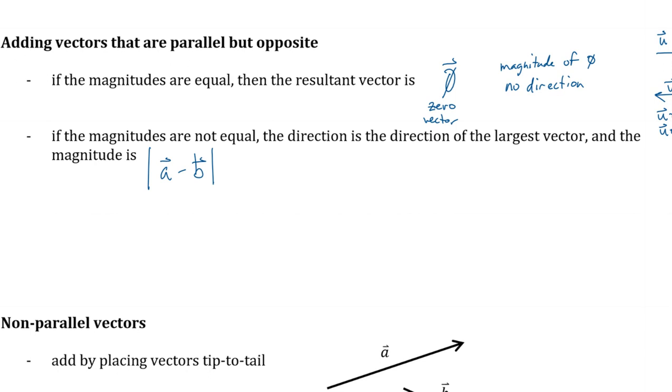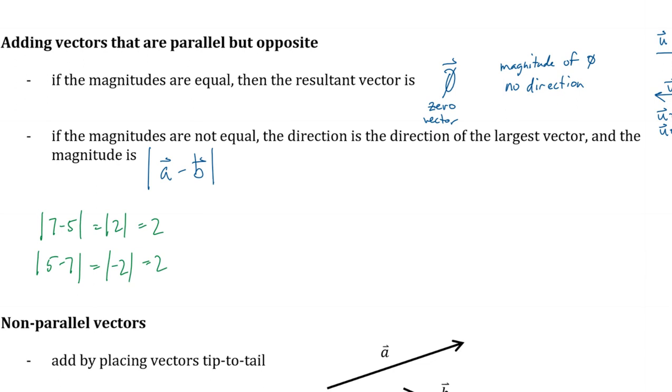So 5 minus 7 or 7 minus 5, the absolute value of both of those will be 2. In fact, I'm going to write that down. The absolute value of 7 minus 5 and the absolute value of 5 minus 7 is the absolute value of 2, which is 2, or the absolute value of -2, which is +2. So you can see that in both cases, it doesn't matter which direction I subtract because I'm taking its absolute value anyway.